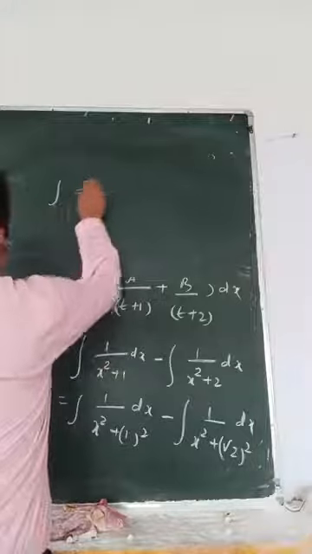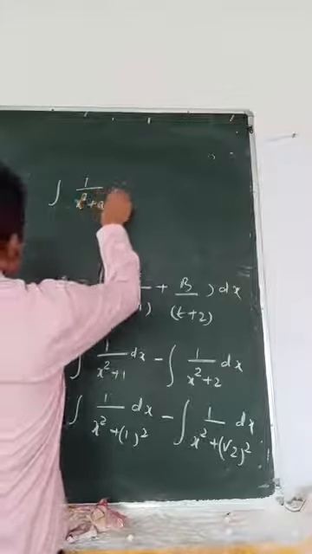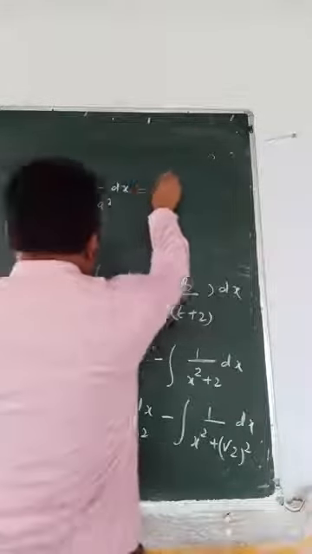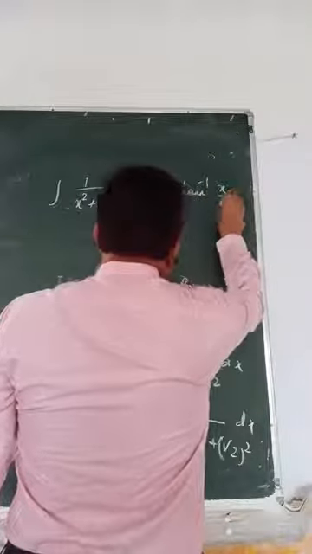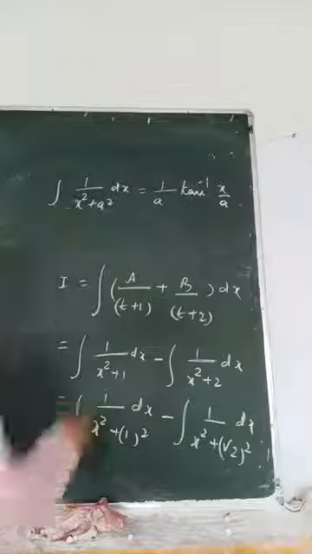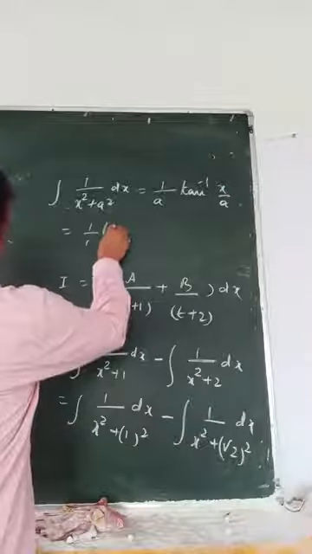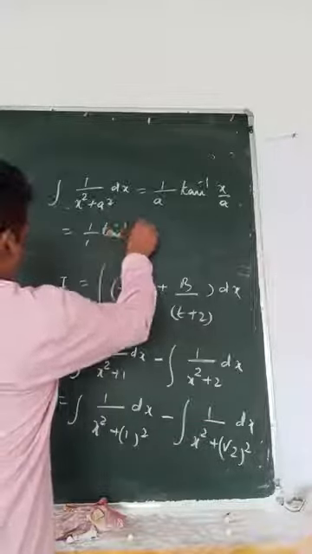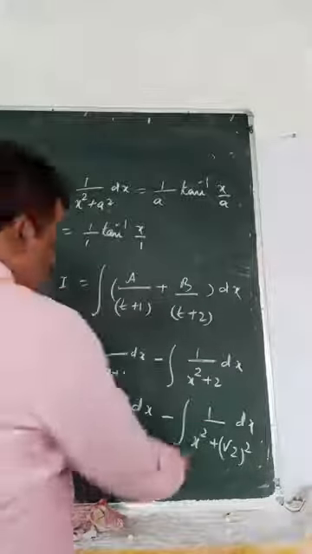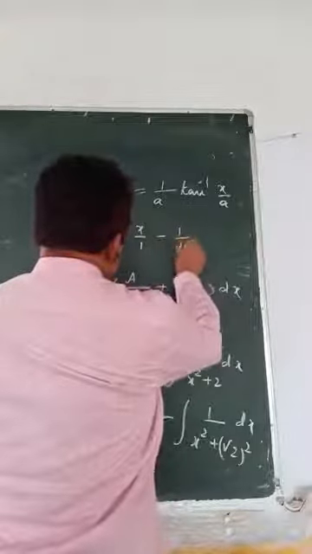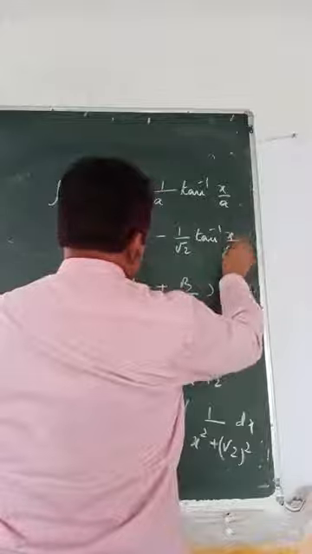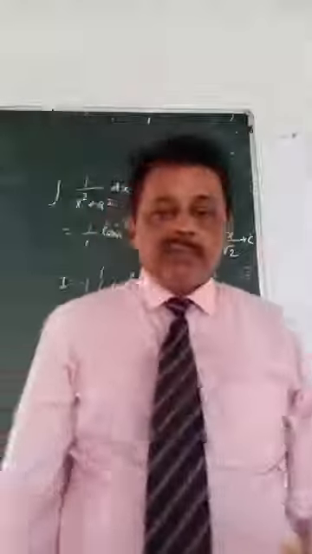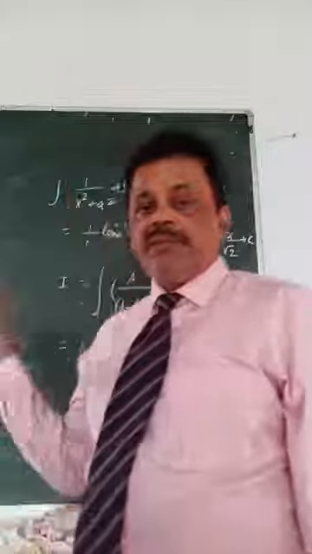This is 1 by (x square plus a square) dx, it is 1 by a tan inverse x by a. So this is 1 by 1 tan inverse x by 1. This is 1 by root 2 tan inverse x by root 2. Then a constant. So all the questions related to the first formula I completed.